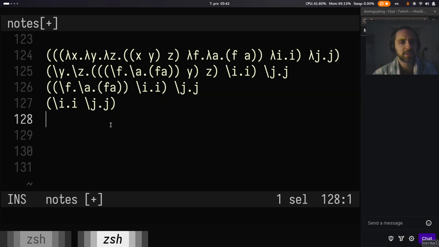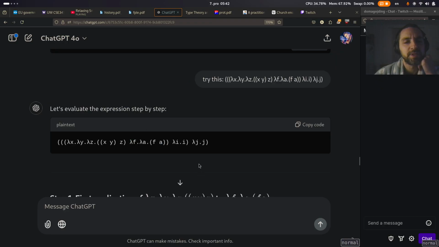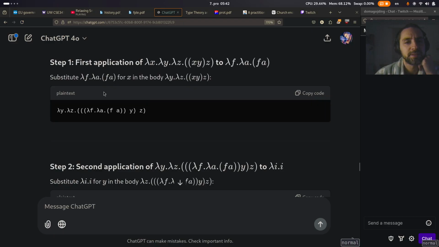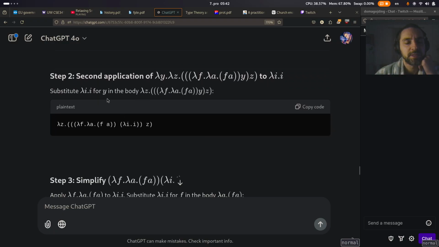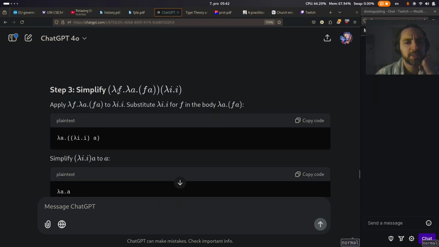Oh, it didn't have the same result. What did he do? Okay, he did the same thing. First application: substitute for x in the body. Right, that's what we did. And then second application. Did he apply I and j?